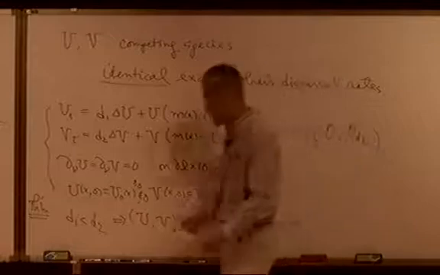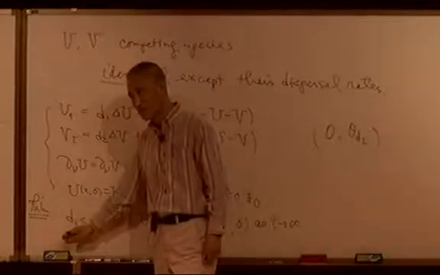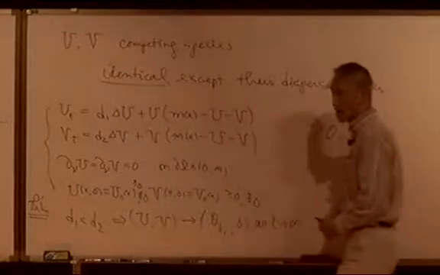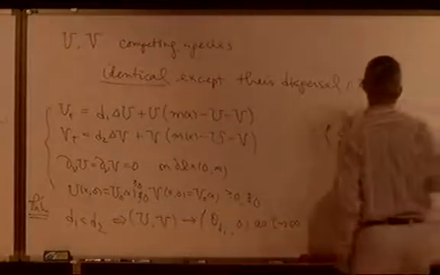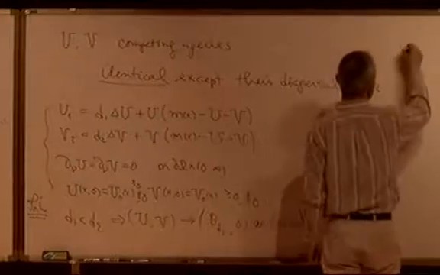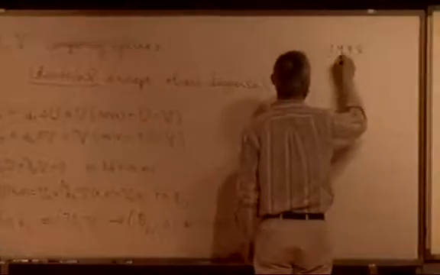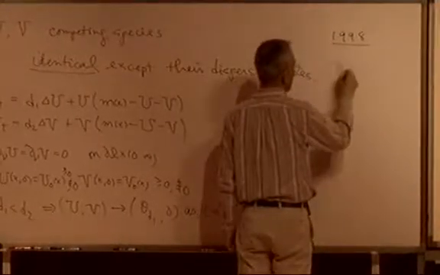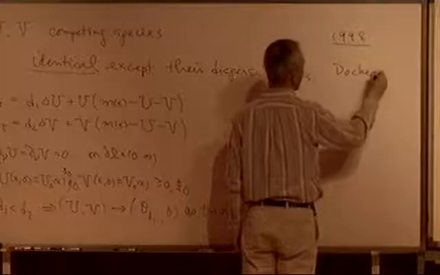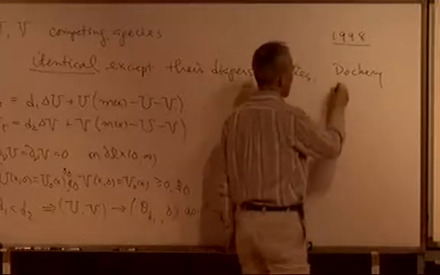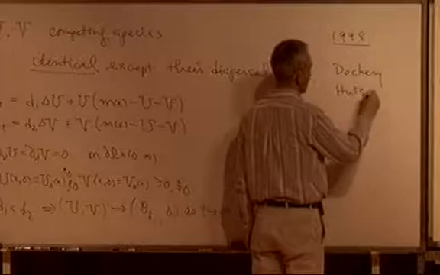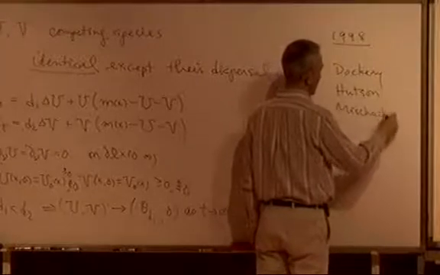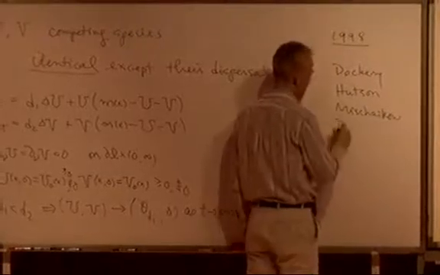This doesn't sound right. The slower diffuser wipes out the faster competitor. And this is a theorem discovered in 1998 by Dockery, Hutson, Mischaikow, and Pernarowski.